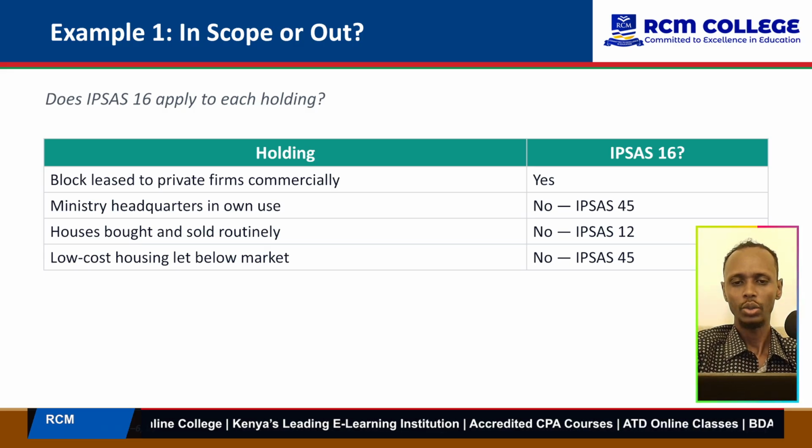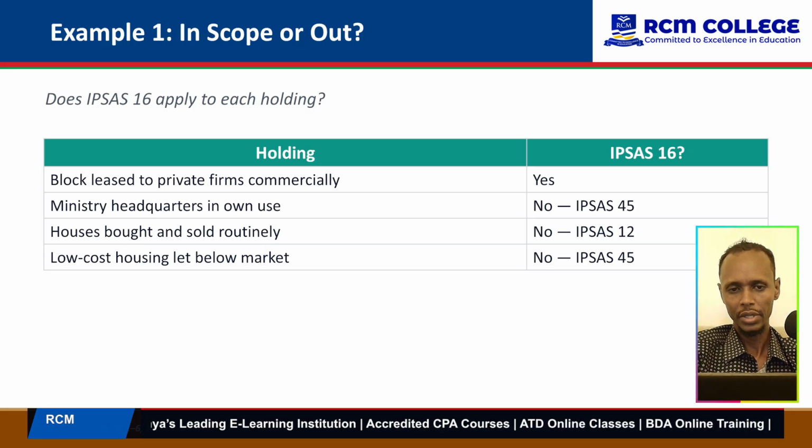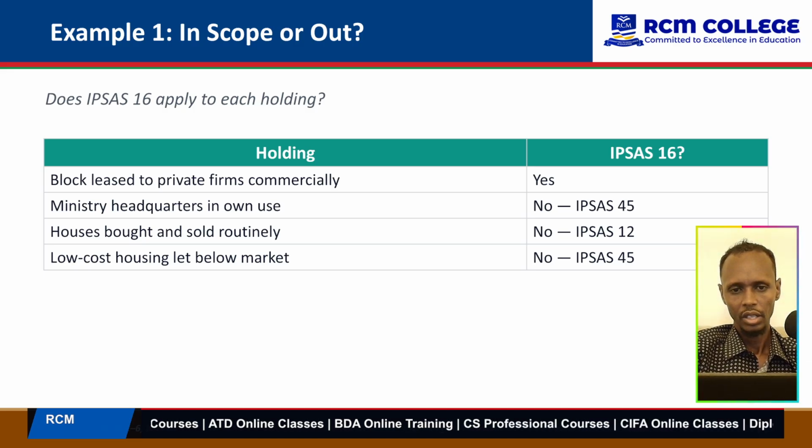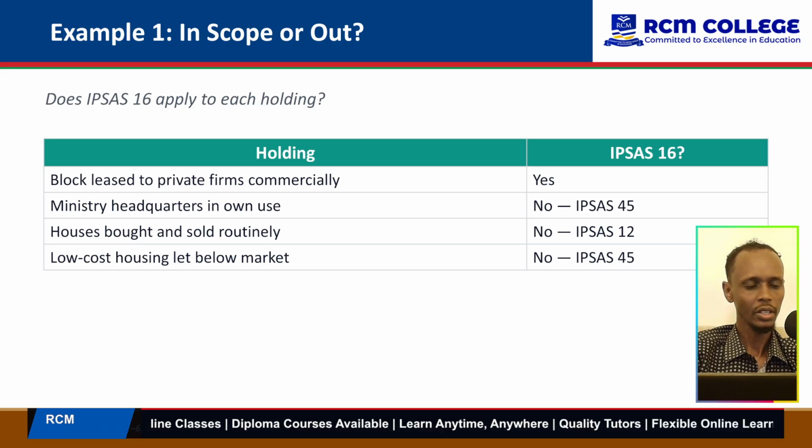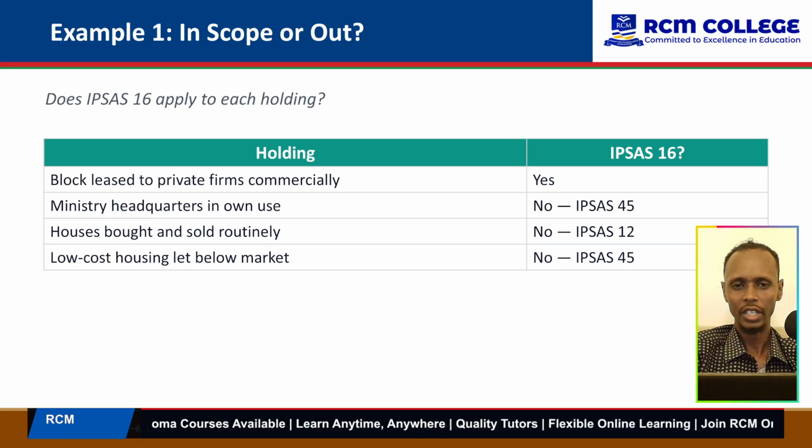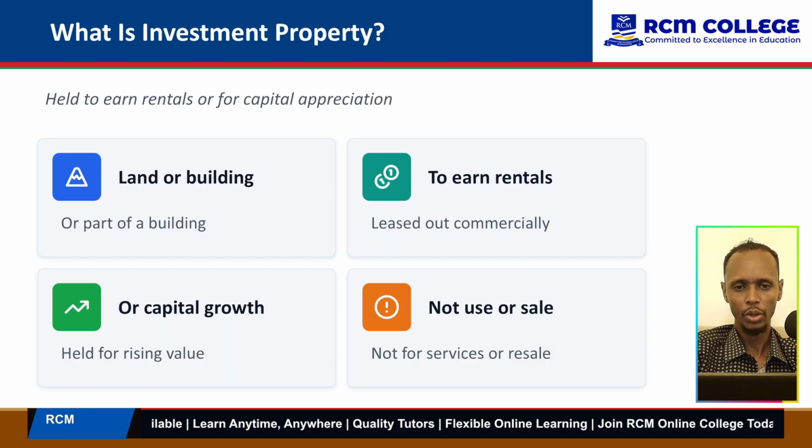No, you apply another IPSAS, IPSAS 45, because the aim is not to sell or for rental or capital appreciation. This is most probably those assets used in entities for employees.